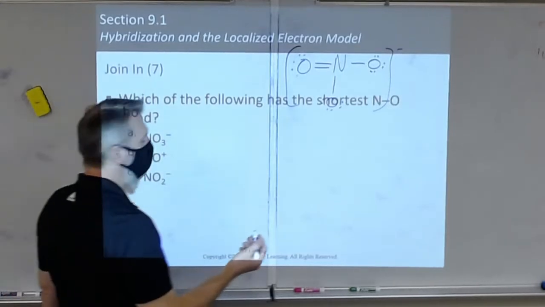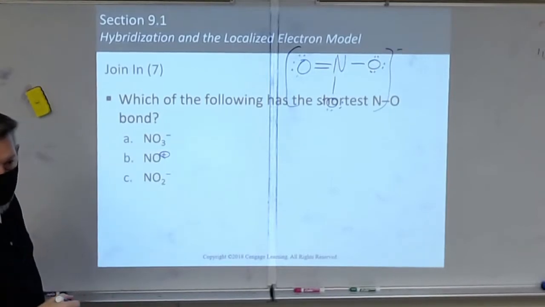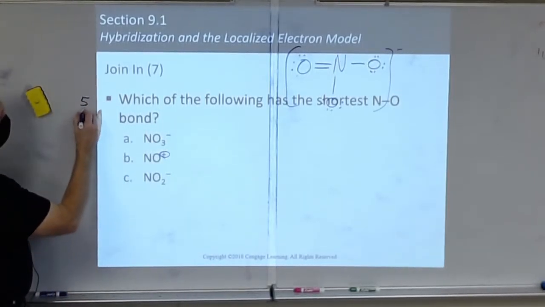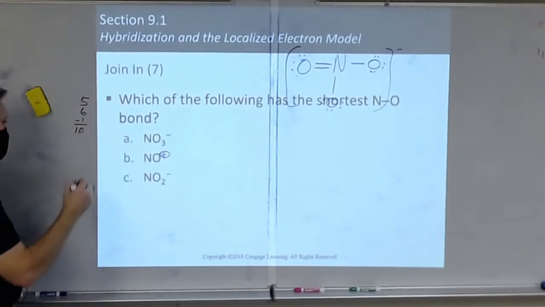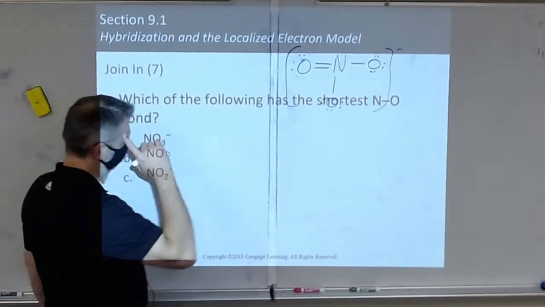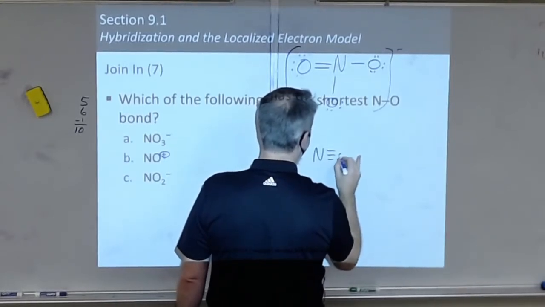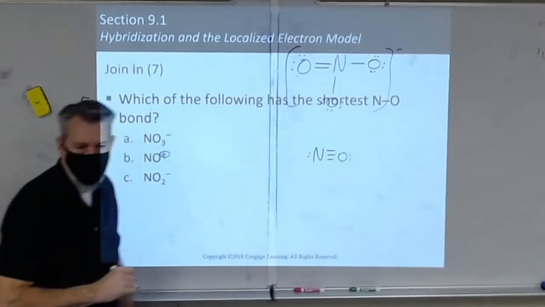Let's do NO. What do we notice about that? One less electron, so this would be 5, and this would be 6, and then I have minus 1, so I should have a total of 10. Is that what you got?